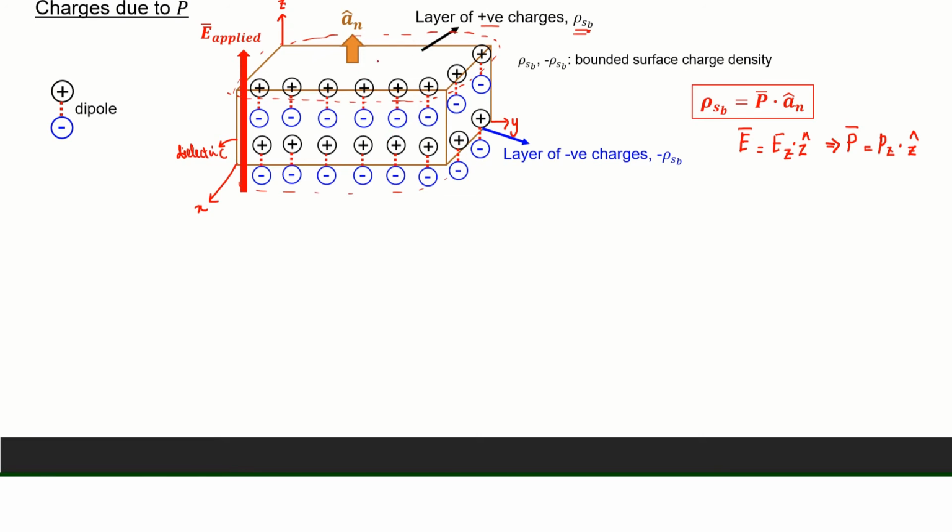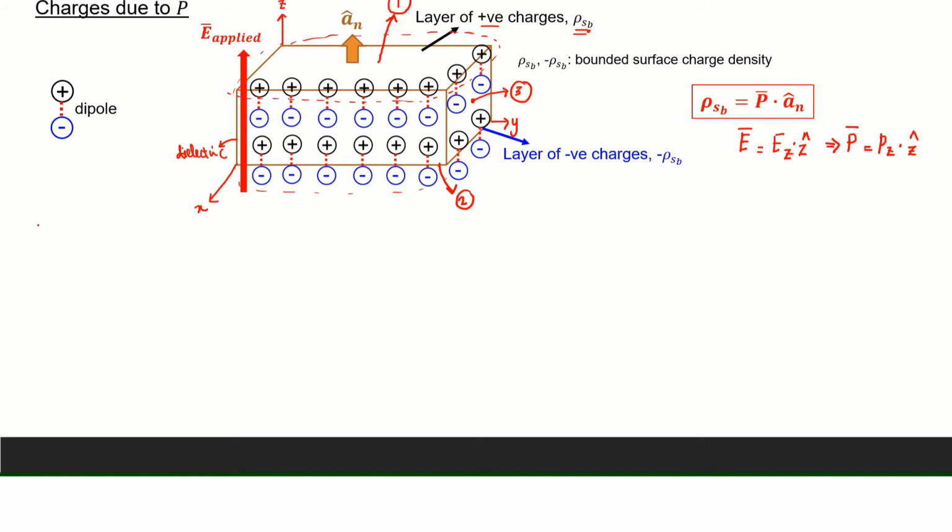Let's say the top is surface number 1, the bottom is surface number 2, and here is surface number 3. So let's discuss it in terms of three different surfaces.